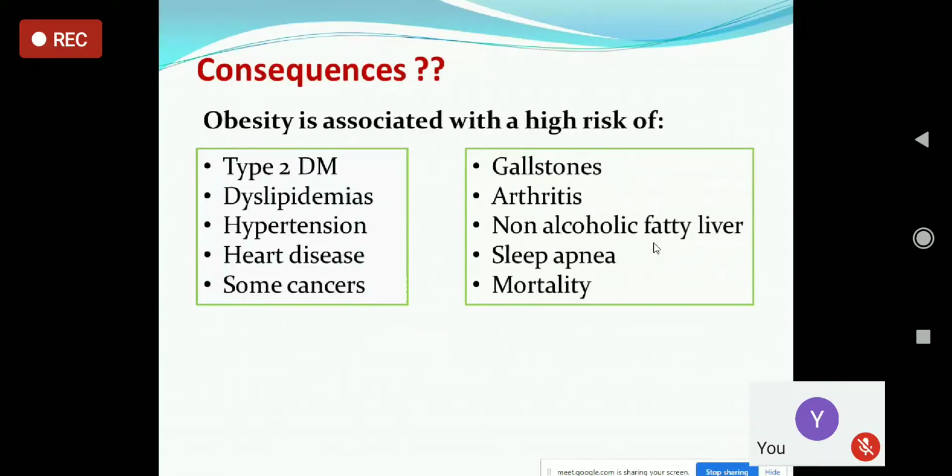Obesity is correlated with an increased risk of death, and also it is a risk factor for a number of chronic illnesses. So a person who is obese is at high risk of developing all these conditions.